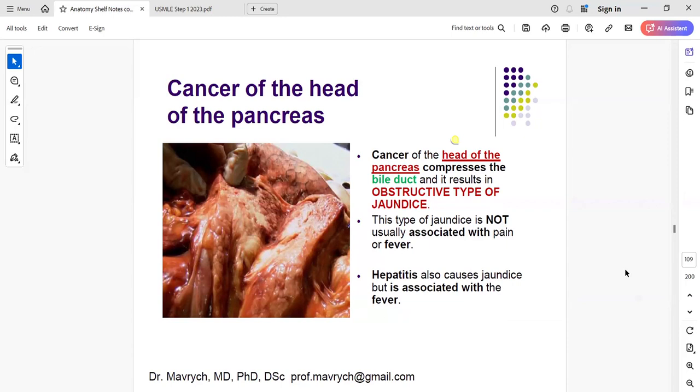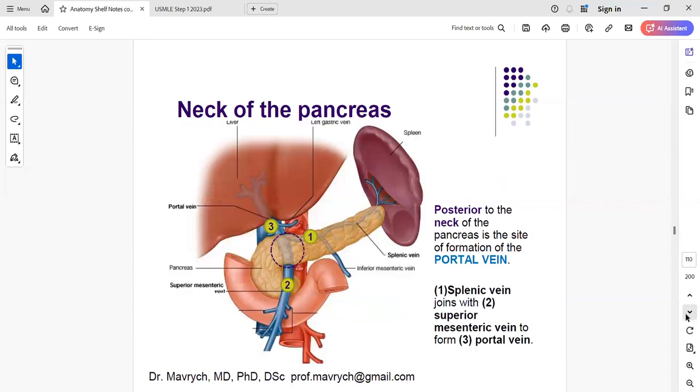The jaundice would be of the obstructive type. It is not associated with pain or fever. That's how it rings a bell that this is not inflammatory, not bacterial, not infectious, it is something cancerous. Hepatitis also causes jaundice, but that is associated with fever. So you guys would know.